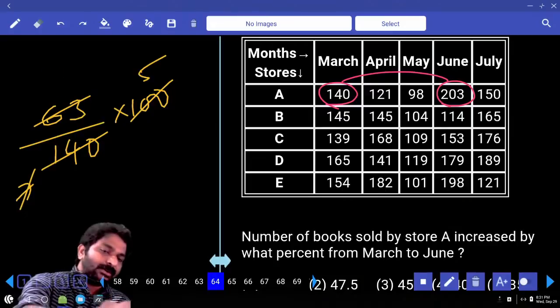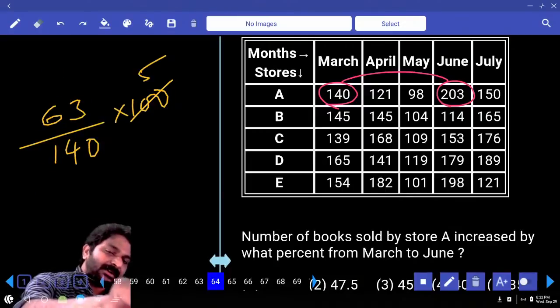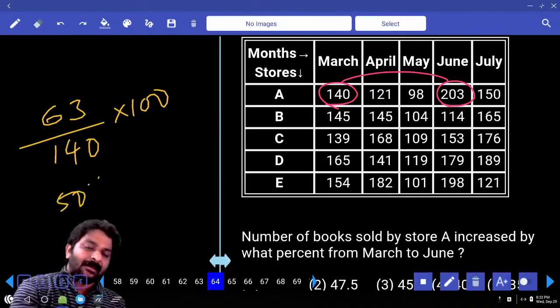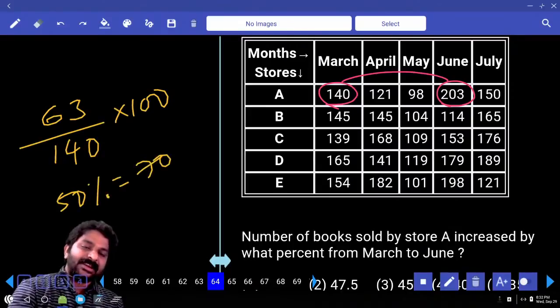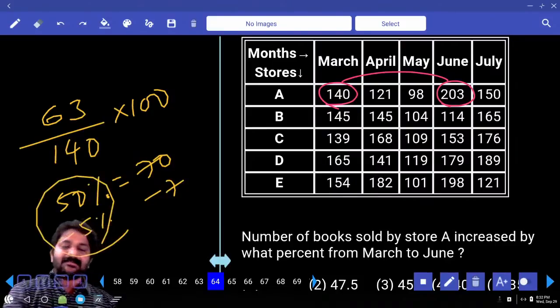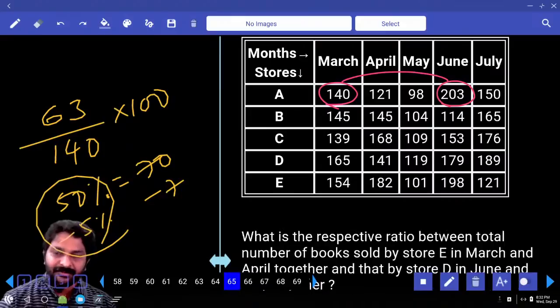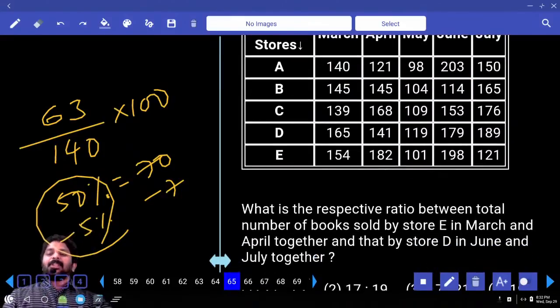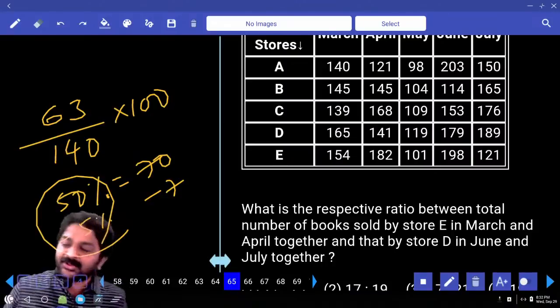If you don't want to use any cancellation and want to get the answer by using the denominator, what is 50 percentage of the denominator? How much you need to subtract to make it 63? Then 7 would be 5% only. 50% minus 5%, 45%.